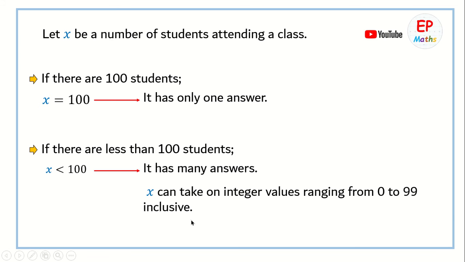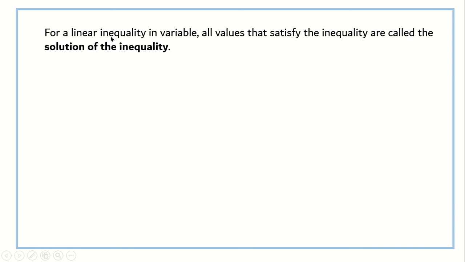Now, for a linear inequality in a variable, all values that satisfy the inequality are called solutions of the inequality. In other words, these are answers that make the inequality true. Let's take an example. We have X is greater than negative 2.